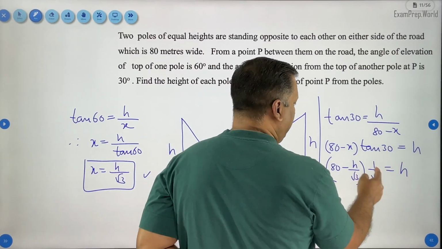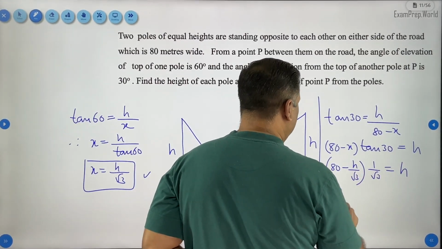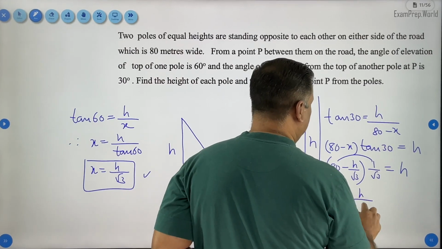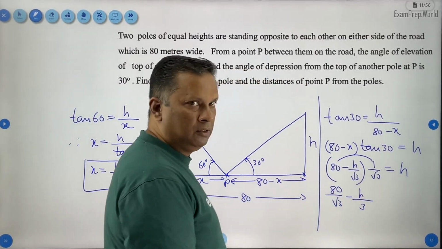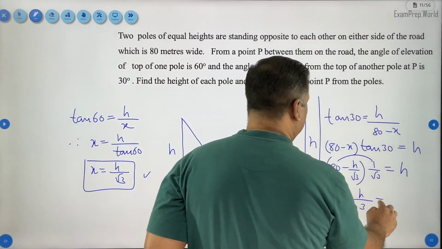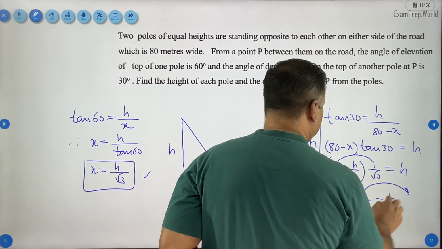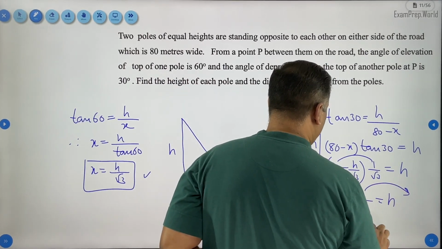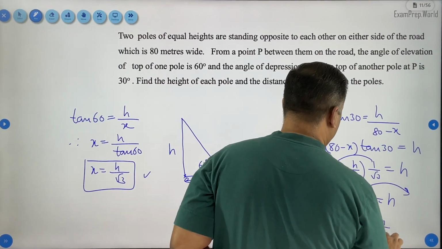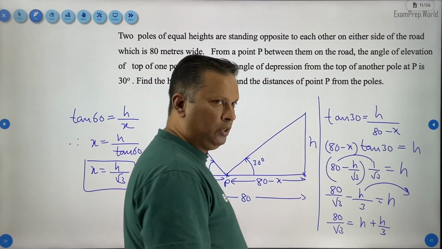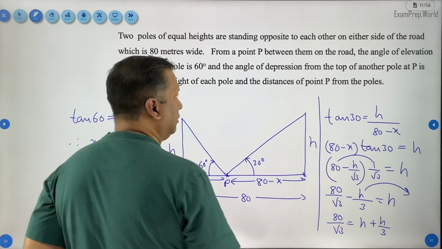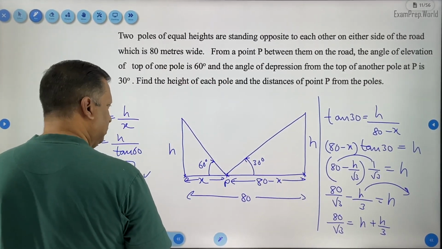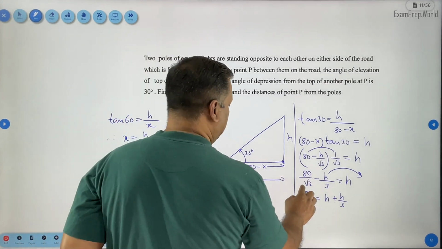So first we will multiply 80 upon root 3, we are multiplying with both, and this is h upon 3, root 3 times root 3 is 3, equals h. Send this one here. 80 upon root 3 equals h plus h by 3, right, which is 4h by 3. So let me zoom out for this. Okay. Now we have to work here.